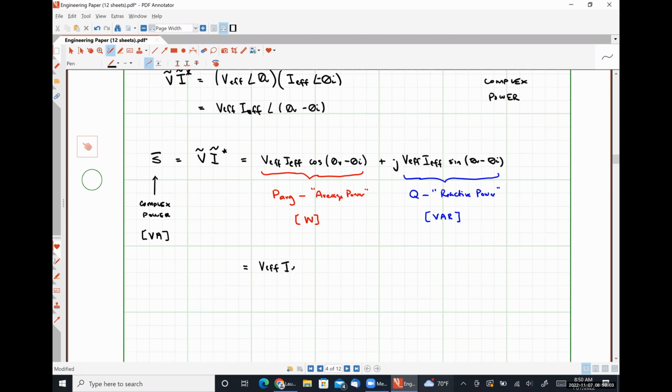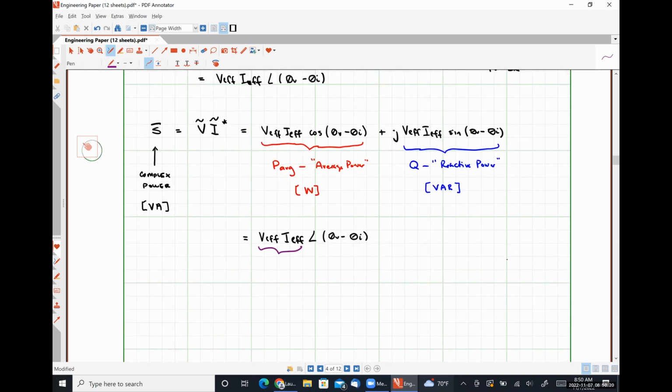So we have simply V effective times I effective, angle theta V minus theta I. So the product of the effective values is simply the magnitude of the complex power. And this has a special name called apparent power. The apparent power you can think of as kind of a worst case scenario.